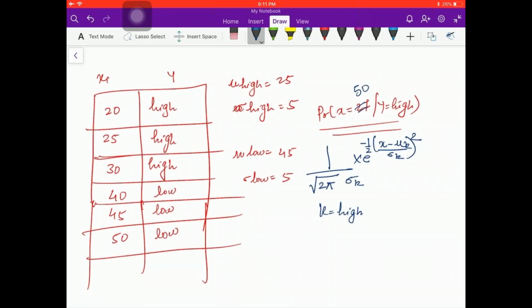So the formula is e to the power minus 1 by 2, right? Correct.